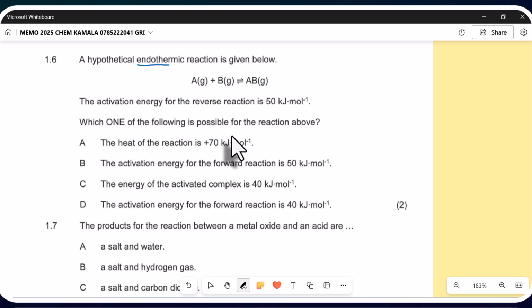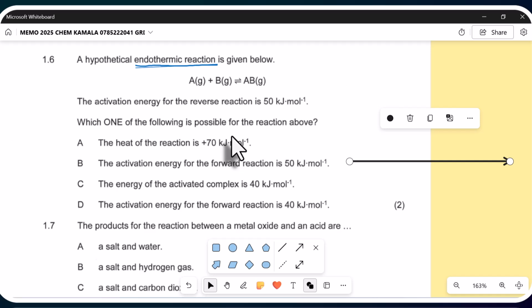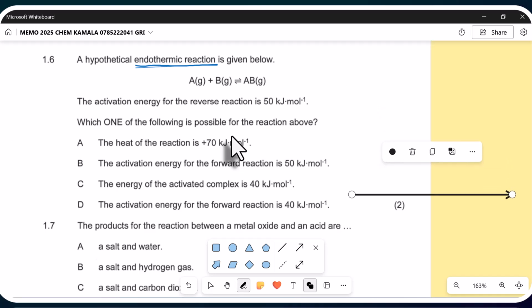Don't forget that for our endothermic reaction, if this is the reaction coordinate, the progress, and here we have the change in enthalpy or energy in kilojoules per mole.